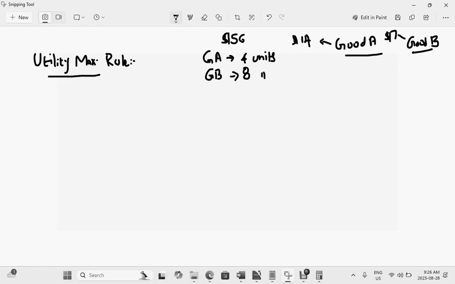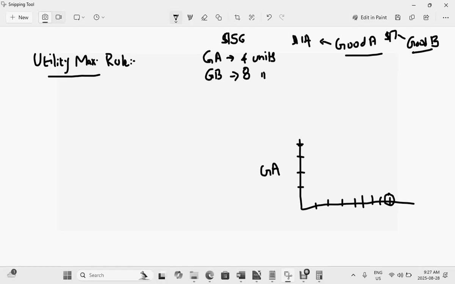Now based on this, if you were to draw a budget constraint line to understand the utility maximization rule, let's start off with good A: 1, 2, 3, and 4. And good B: 1, 2, 3, 4, 5, 6, 7, and 8.